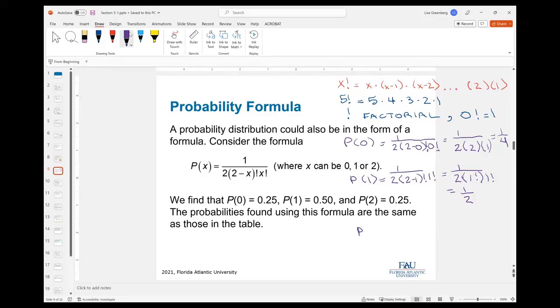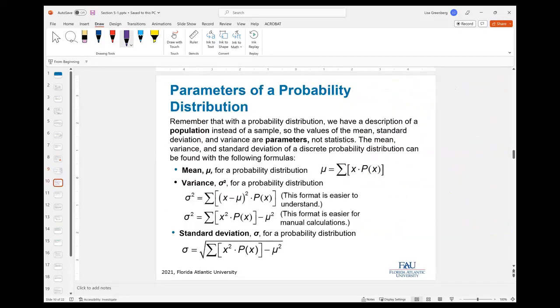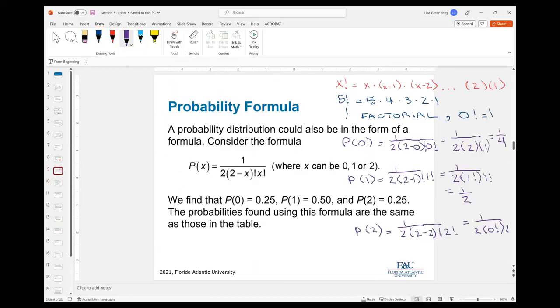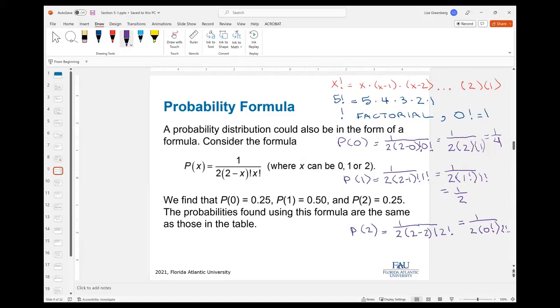And if I ask for the probability that we have 2 heads, we would have 1 over 2 times 2 minus 2 factorial times 2 factorial, which is equal to 1 over 2 times 0 factorial times 2 factorial.